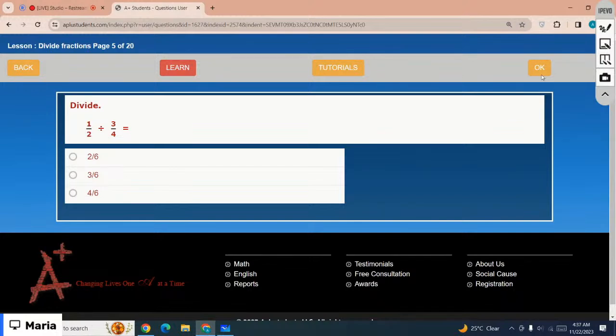1 over 2 divided by 3 over 4. Which is the correct option?